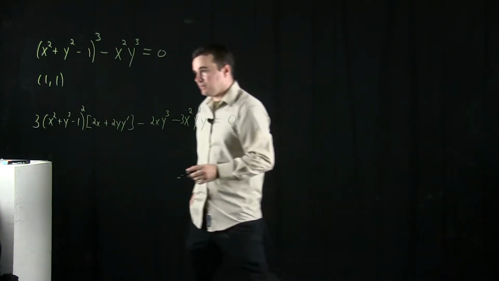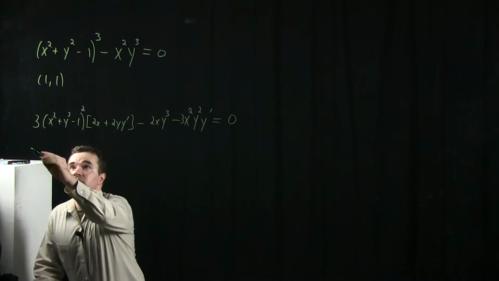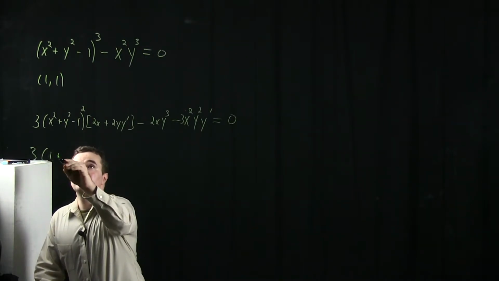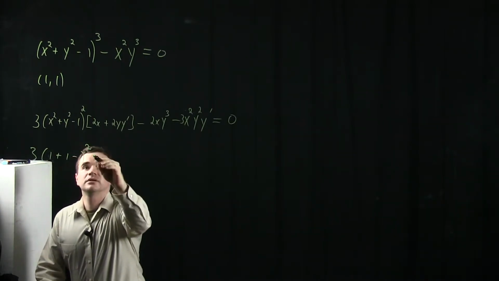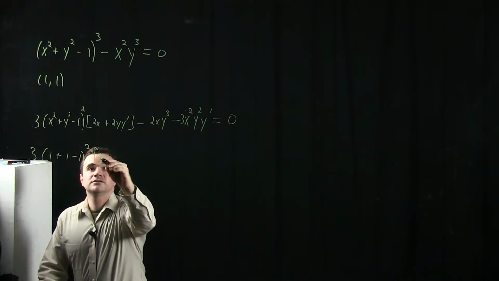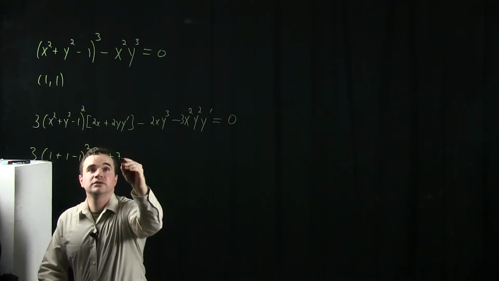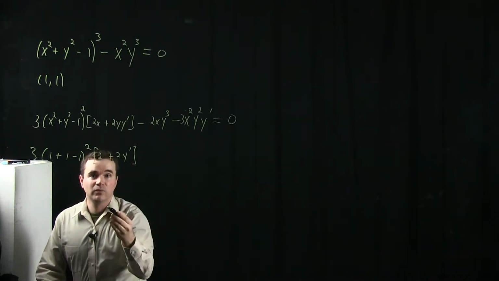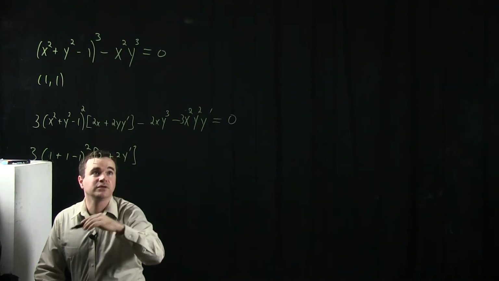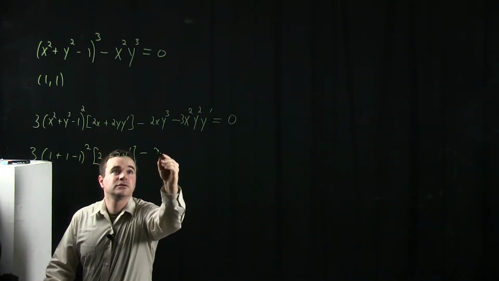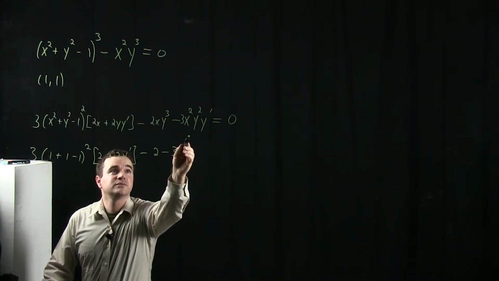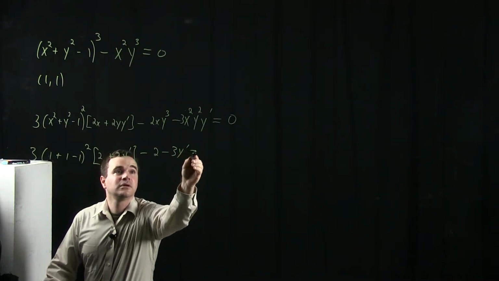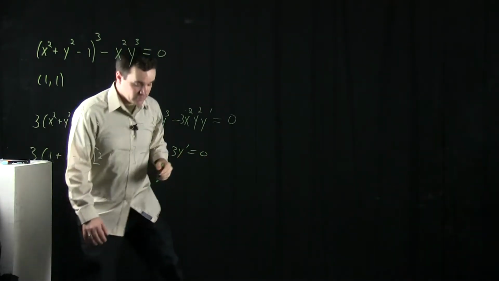So when I do that, I'm going to get 3 times (1 plus 1 minus 1) squared times (2 plus 2 times 1 times y prime). That's y prime at the point (1, 1), and we don't know what it is yet, but we'll solve for it later. And then I'm subtracting 2 times 1 cubed minus 3 times 1 squared times 1 squared times y prime. And that's all equal to 0.